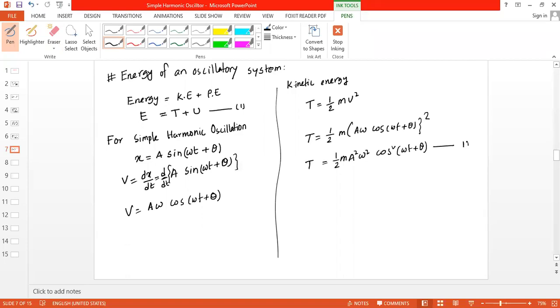This is expression number 1, and let's say this is equation number 2. So I know the kinetic energy. Now what about the potential energy?